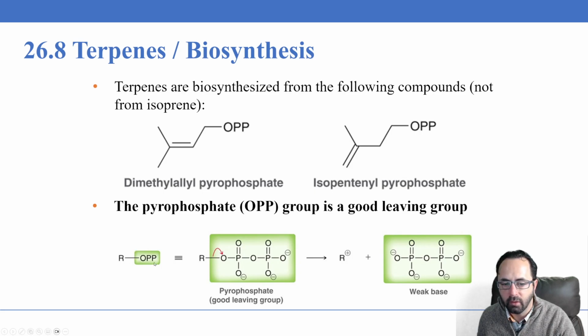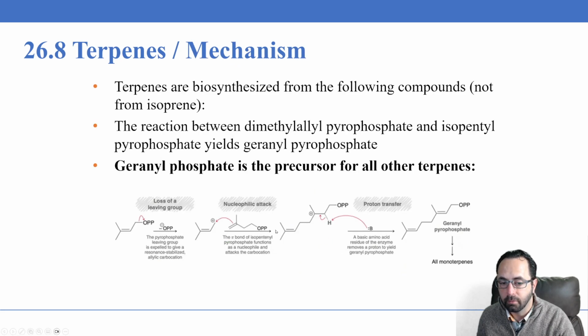What occurs is a cleavage of the phosphoester here, and we get a carbocation, and then this can go on and react and produce terpenes by reacting with other isoprene units.